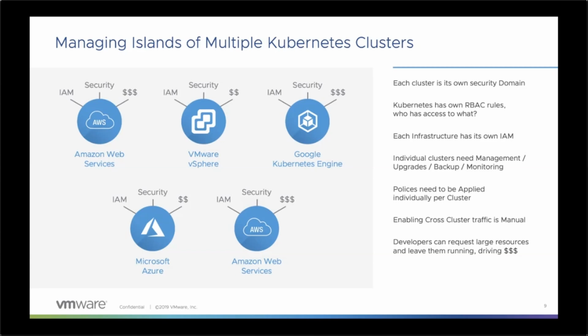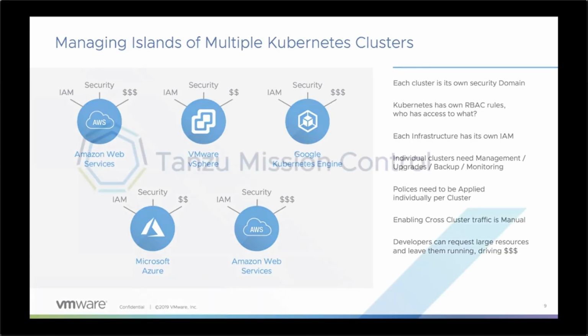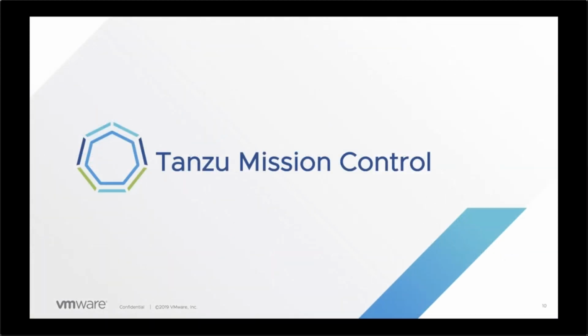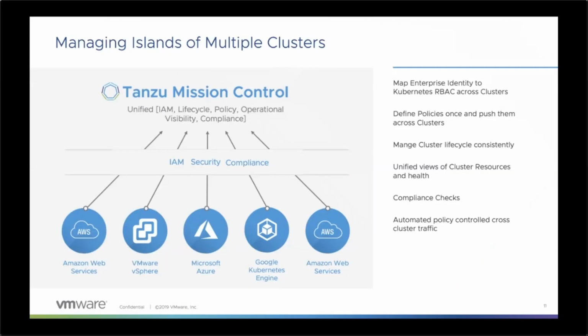Managing multiple clusters can be challenging, and that is where Tanzu Mission Control comes in. VMware's Tanzu Mission Control is a unified platform that brings together management of different Kubernetes clusters that are spread across different clouds and allows operation teams to define consistent policies around security and access control throughout these different clusters.